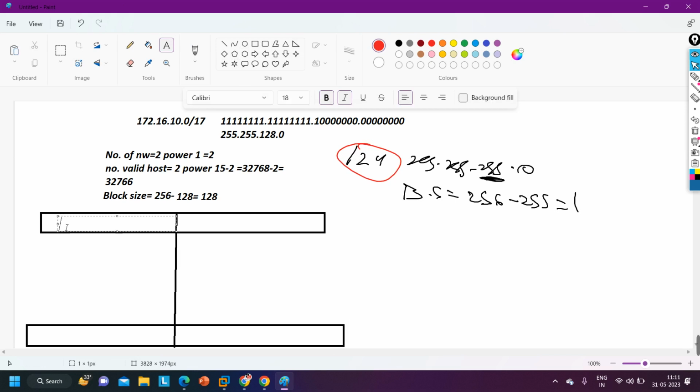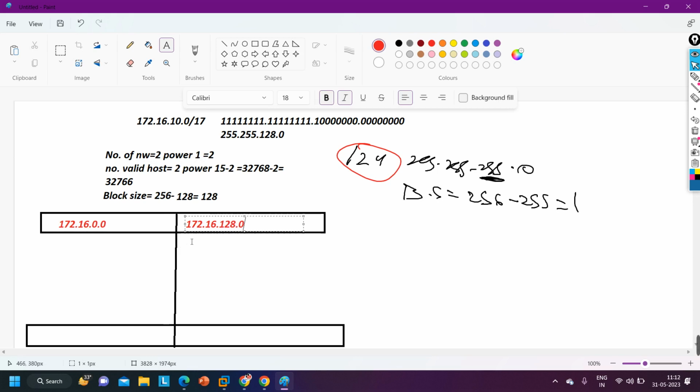Tell me what will be the first network ID? If we have two networks, these are two sub-networks actually, subnetted networks. So the first network will be 172.16.0.0. And the second network will be what? 172.16.128.0.